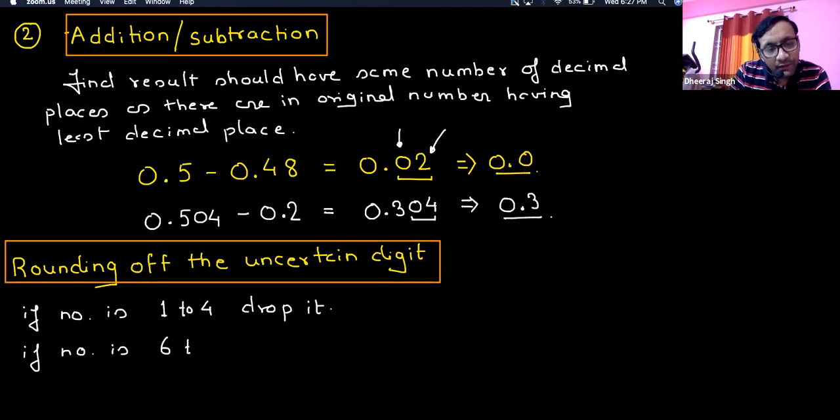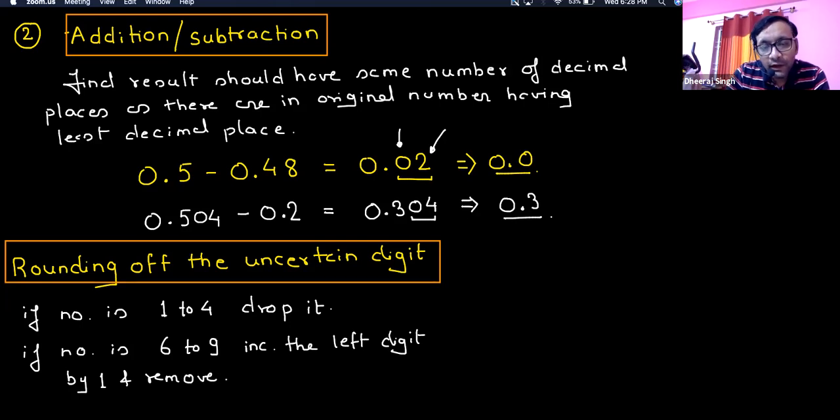If the number is between 6 to 9, increase the left digit by 1 and remove. The example for the above one is 2.44. 2.44 is 2.4. Suppose you need to round off 4. So 4, you just need to drop it. Nothing will happen.